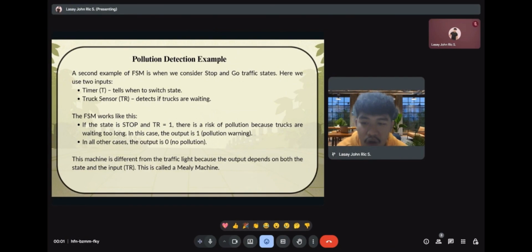In all other cases, the output is 0, which means no pollution. This machine is different from the traffic lights because the output depends on both the state and the input, or the TR. So this is called a Mealy machine.